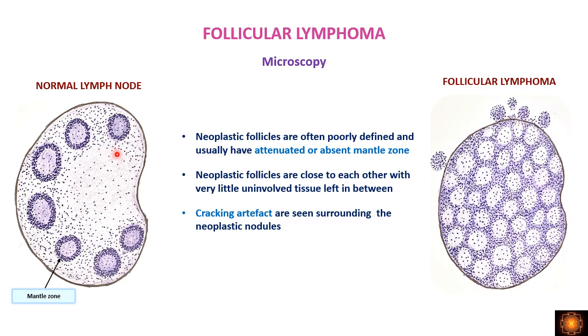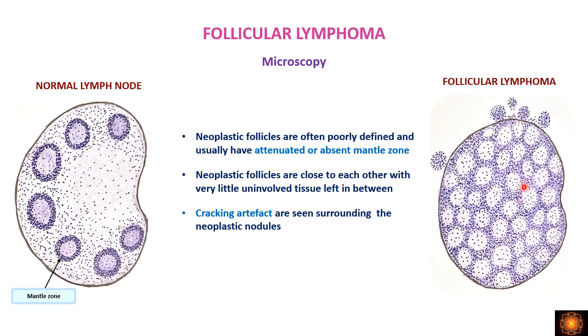And normally when you see a follicle in a reactive lymph node, it will have a germinal center and a mantle zone, and you will have enough interfollicular spaces. But here, these follicles don't have a specific mantle zone and not much interfollicular space.